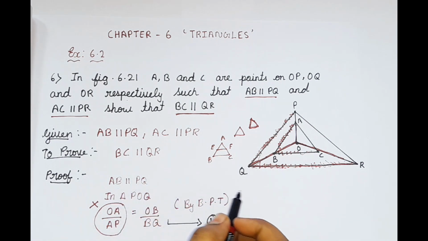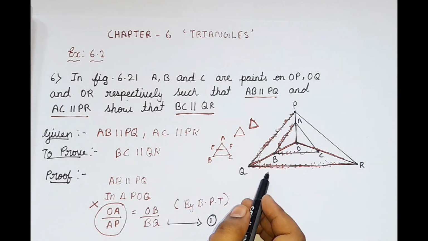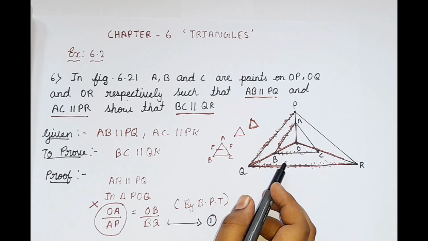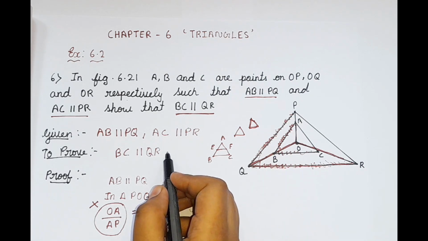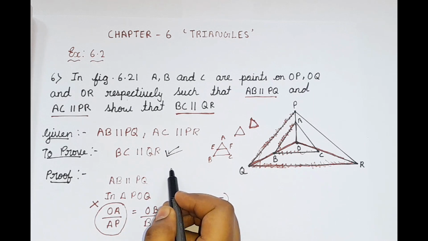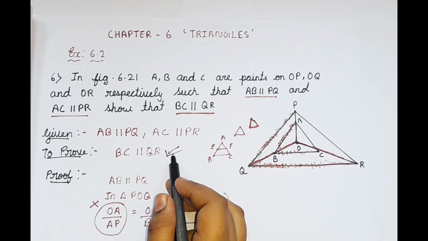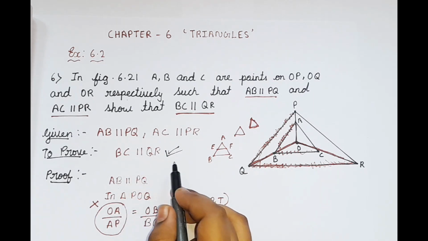Is this the one we are supposed to prove? So we are supposed to check it. BC is parallel to QR. According to this triangle, it is a parallel line. So this is what we are supposed to prove, guys, that is BC is parallel to QR.